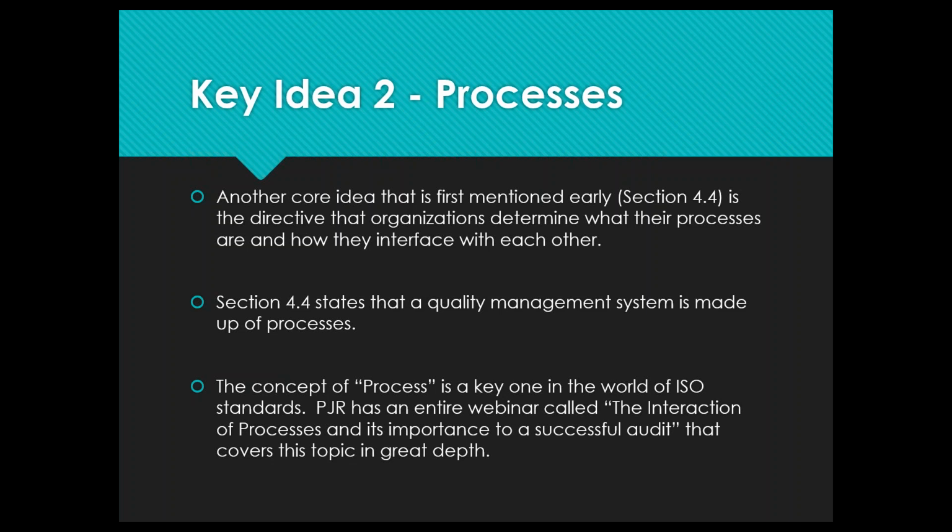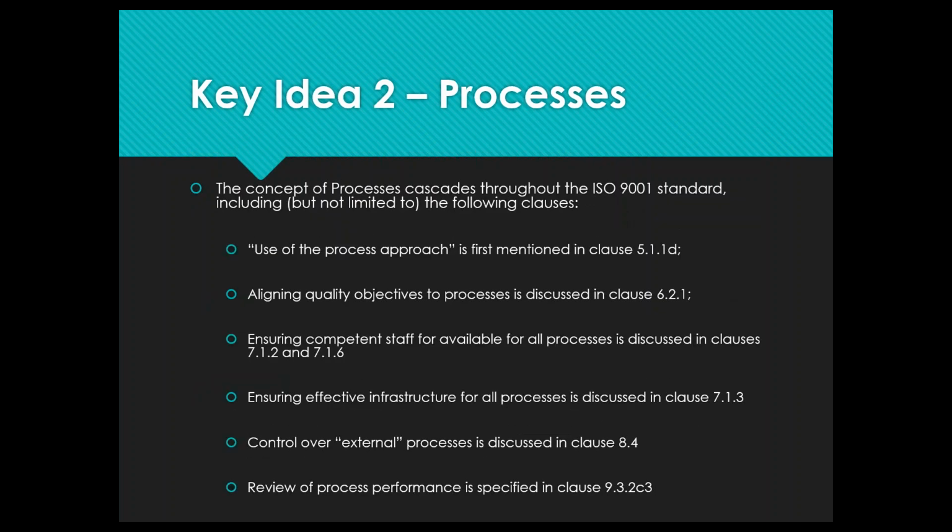So if you haven't seen that webinar yet, I definitely encourage you to check it out if you're in the midst of developing a new system. But processes are a big deal in the quality management system. And they come up throughout the standard. Using a process approach is mentioned under leadership in section 5.